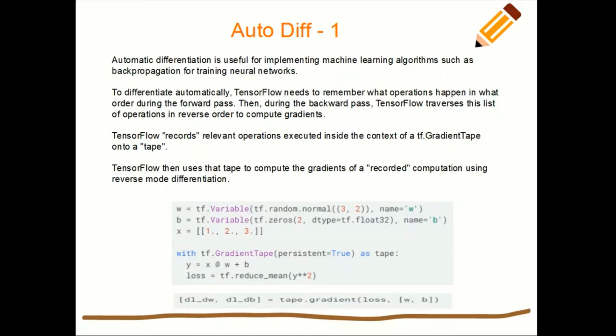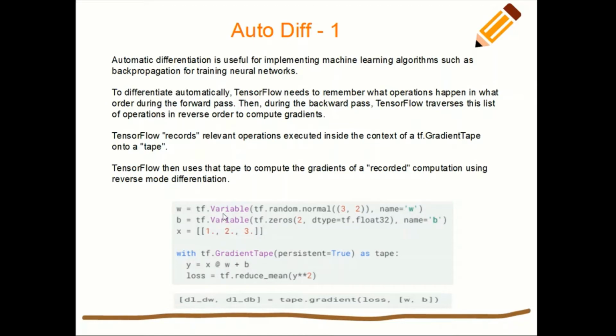Once those operations are recorded, gradients with respect to weights can be calculated by going in reverse on those operations. So gradient tape records everything and remembers the order, and when it comes to calculating the gradients and updating the weights, it goes in the reverse direction.